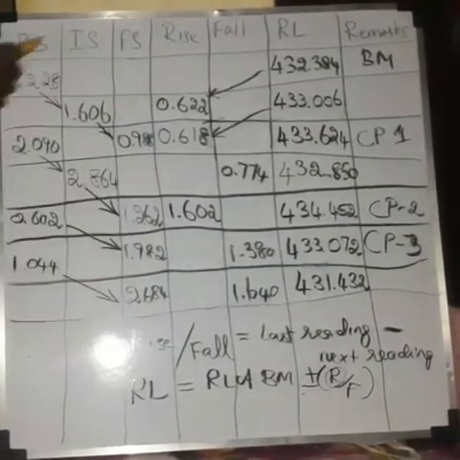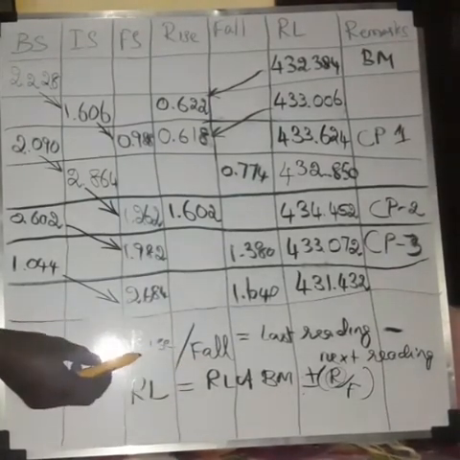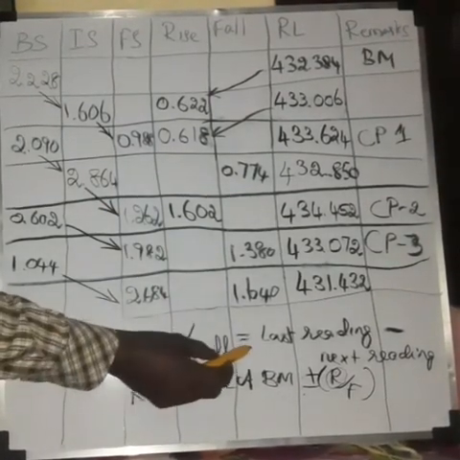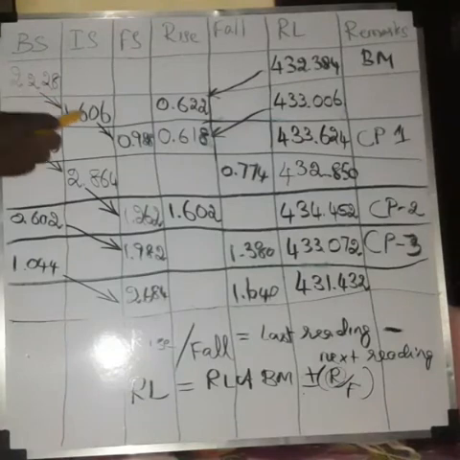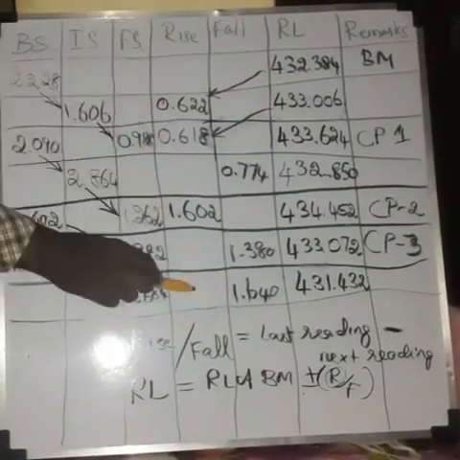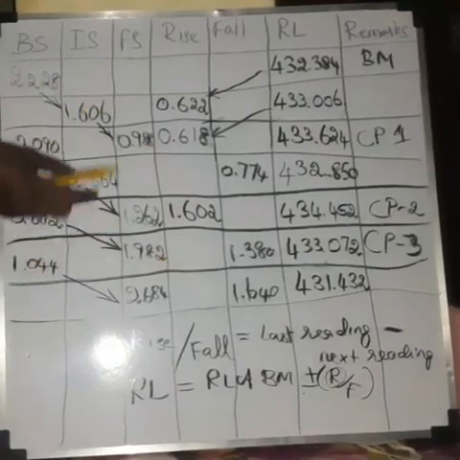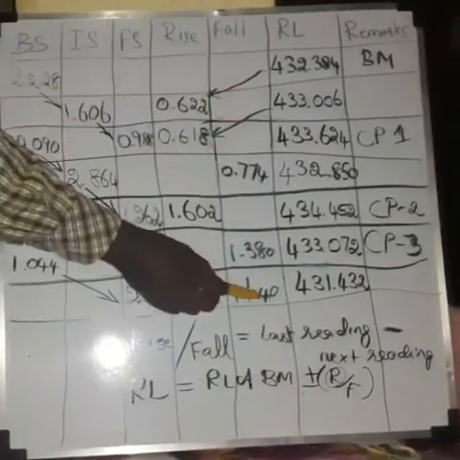By using the given observation, you can find the rise and fall value. Rise or fall equals last reading minus next reading, so the difference between successive values. If the difference between the successive values is positive, it lies on rise. If the difference is negative, it lies on fall.